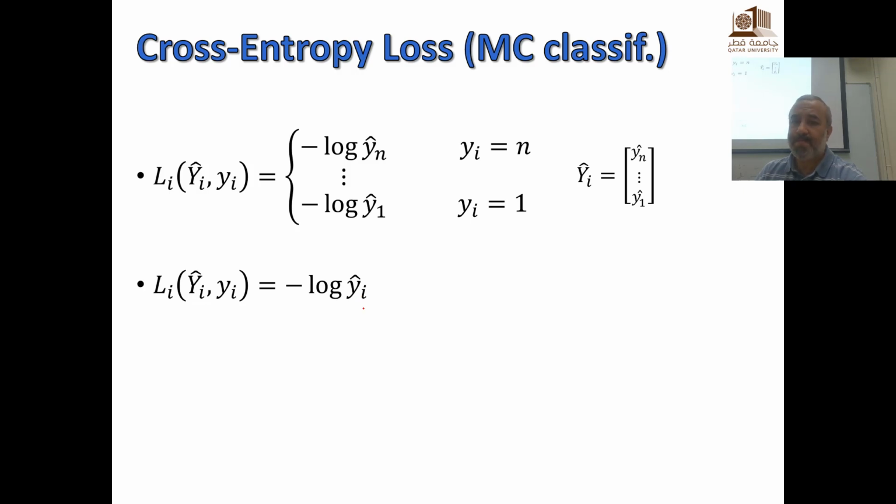Okay. So this is actually the loss function that is used when we have multi-class classification, and this is the cross entropy loss function. Of course, there are other loss functions, but this is commonly used, and this is the example that we will use in neural networks. Any questions?